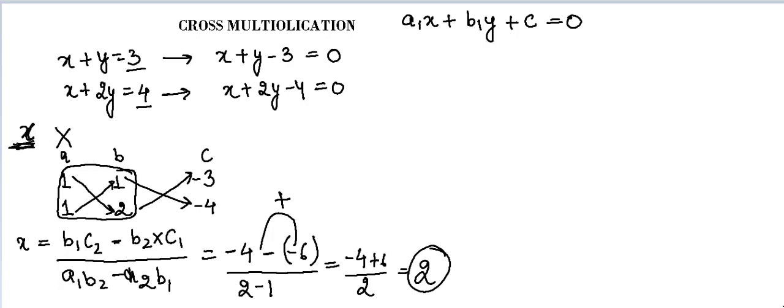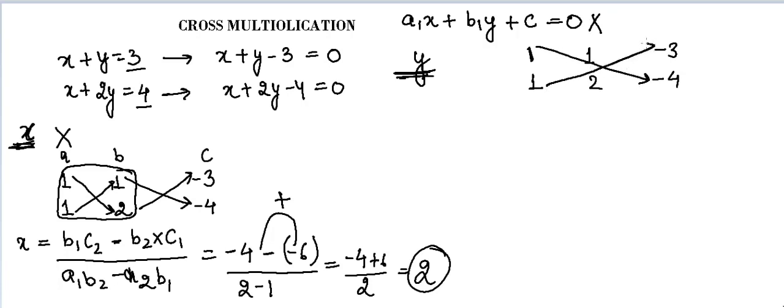Now I am taking the solution for y. For y also, you will write the coefficients. It would be again 1, 1, 1, 2, minus 3 and minus 4. For y, you will again ignore the coefficients of y first and you will do the cross multiplication among these two.